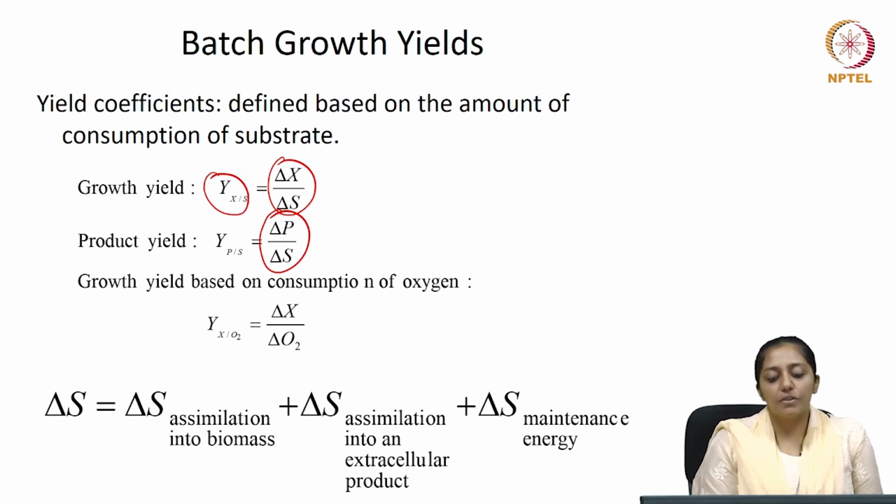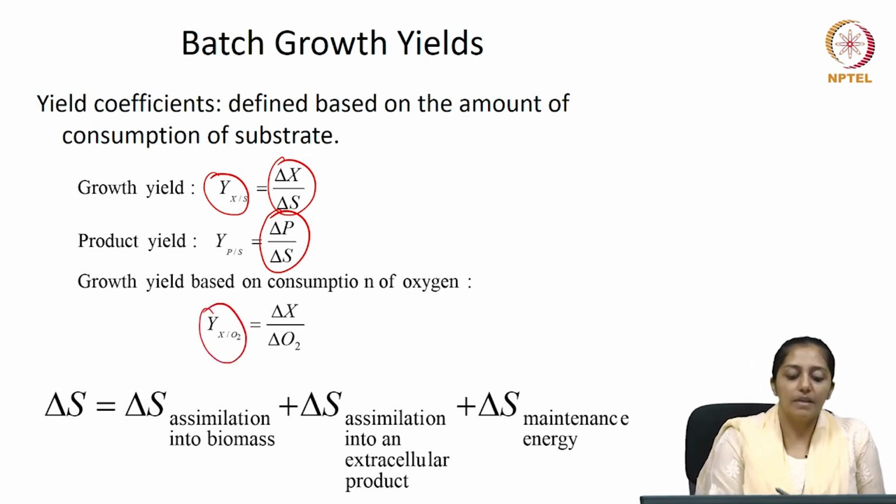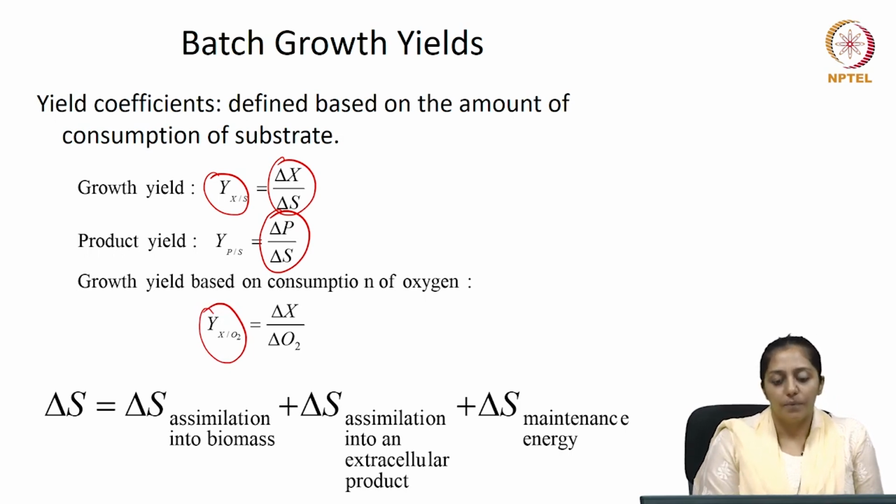The growth yield based on consumption of oxygen can be written as Yx by O2, where again it will mean the amount of biomass produced per unit oxygen consumed.